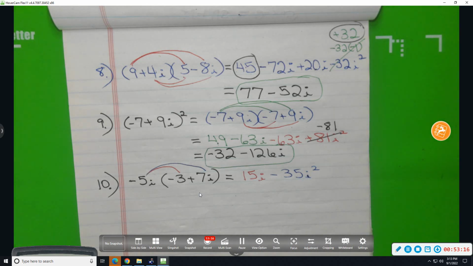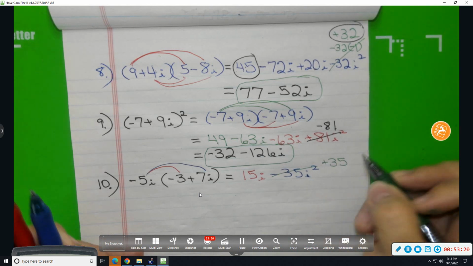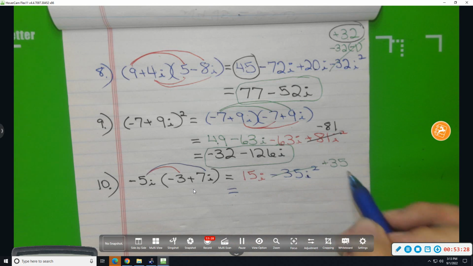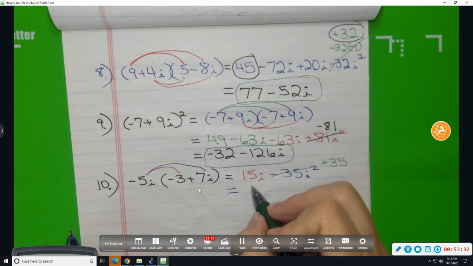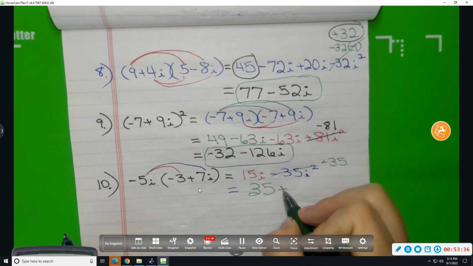Even though I think my lab would take 15i plus 35, I'm going to put the thing without the i first, 35. That's just my habit, plus the 15i.